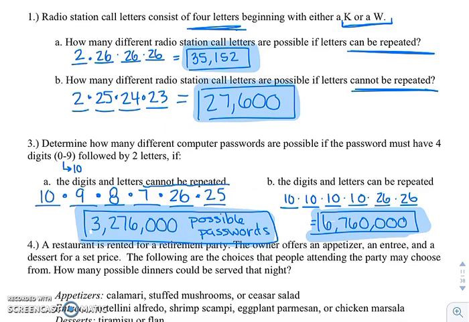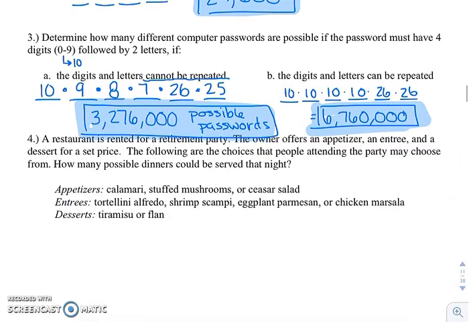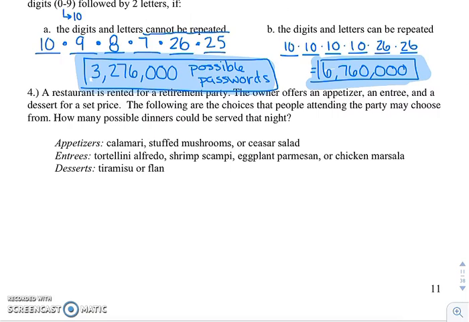So for 4, it's talking about a restaurant that's being rented for a retirement party. It says the owners offer an appetizer, entree, and dessert for a set price. They give you the choices that the people attending the party can choose from. How many dinner options could you serve that night?